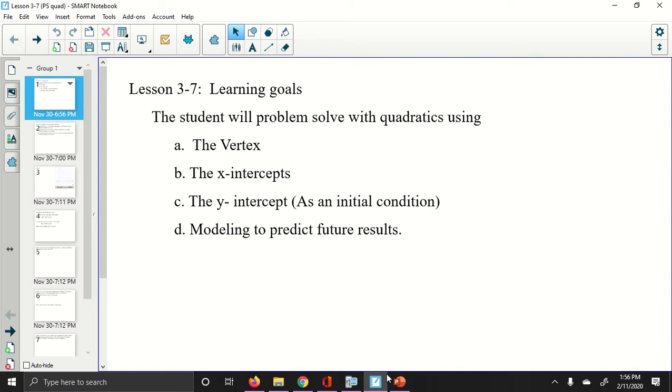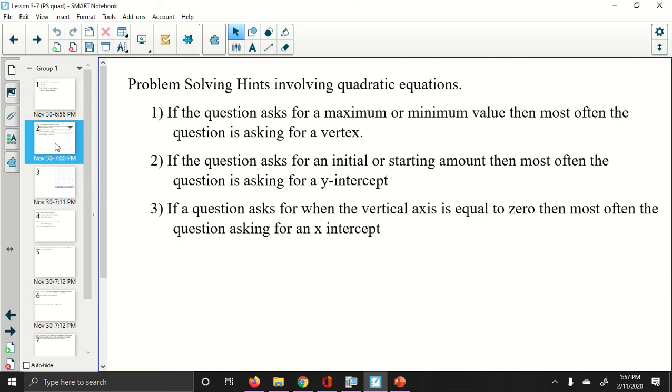And in general, when you're talking about that, they're going to ask for either the vertex, the x-intercepts, the y-intercepts as an initial condition, or doing some modeling to predict future results. So just some hints here, since there's no hard, fast rules. If the question asks for a maximum or minimum value, then most often they're asking for a vertex.